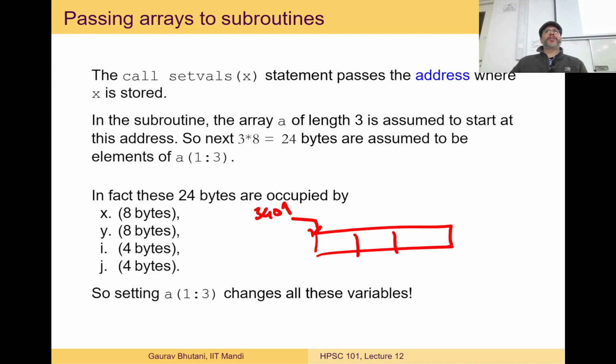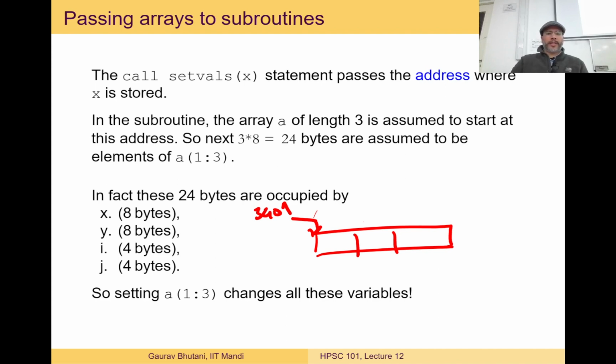Whenever you pass it, it passes an address and then it tries to move around with that address. So it goes 8 bytes forward, 16 bytes forward and so on. Things are passed as addresses of the memory location, and then the code will do whatever it is trying to do.